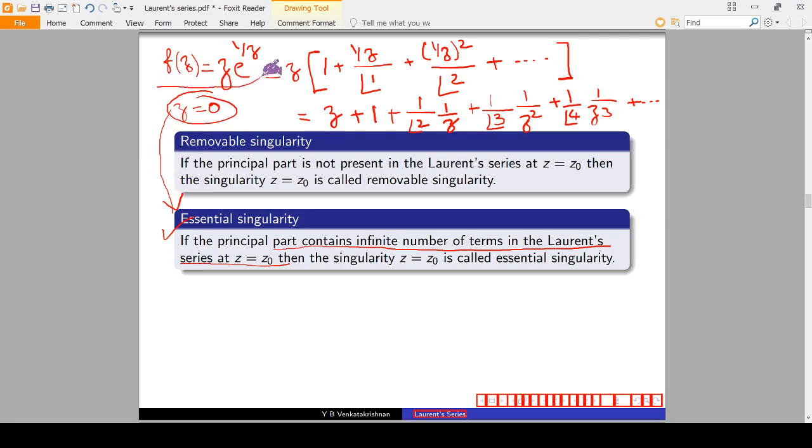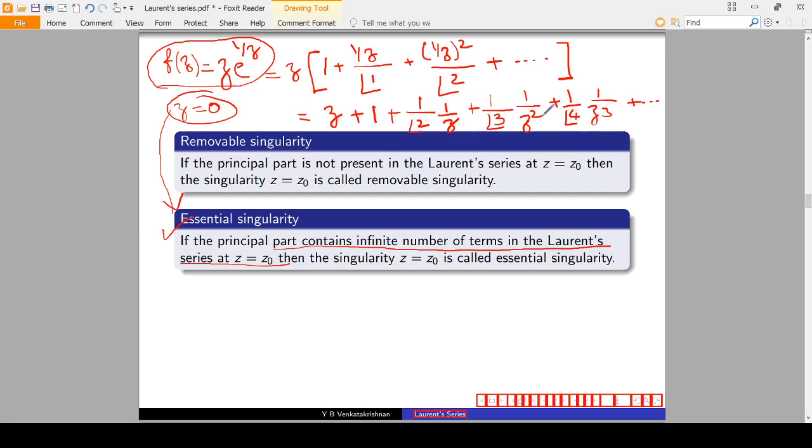Now when you look at this function f of z is equal to z into e power 1 by z, only strong minds can identify that z is equal to 0 is a singular point. Otherwise, what we do is expand e power 1 by z, and when you are able to get an expansion in terms of 1 by z minus a, then you can say that z is equal to a is a point of singularity.